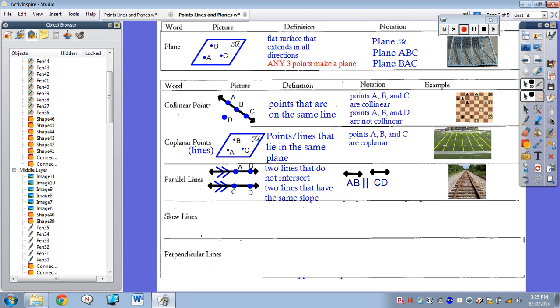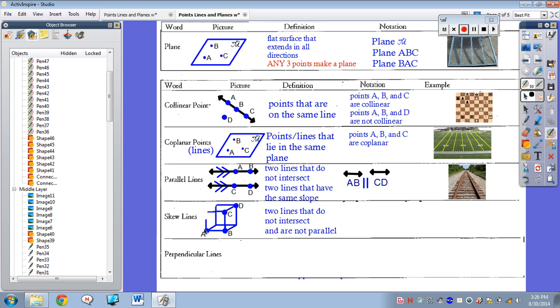All right, skew lines. Now this is one of the harder definitions, but skew lines are two lines that do not intersect. So right now, if you're thinking, well, parallel lines don't intersect, how come skew lines aren't the same as parallel lines? The other part of skew lines is they are not parallel either. So they can't be parallel and they cannot intersect.